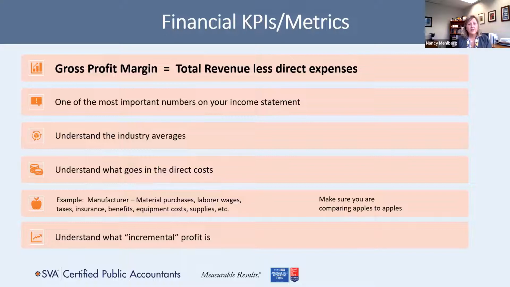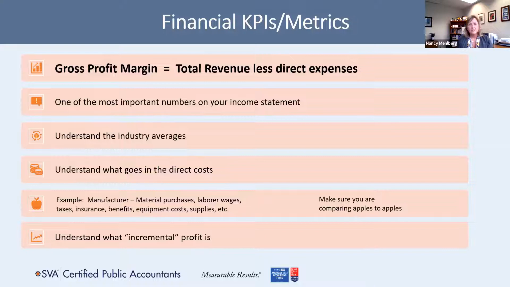Again, you're not going to want to be comparing maybe somebody in Wisconsin to a company in California, because things could be very different regionally. So you want to make sure that you're looking at that within your region, but you need to understand what that number is. And I'm going to give you an example of why. The other thing that does is it helps you understand something called incremental gross profit.